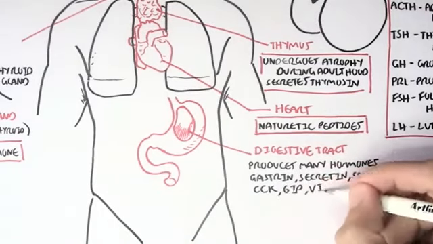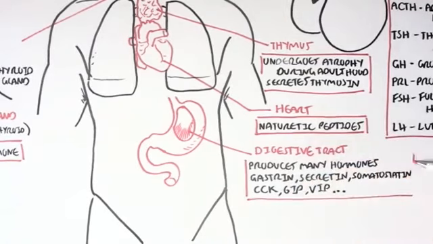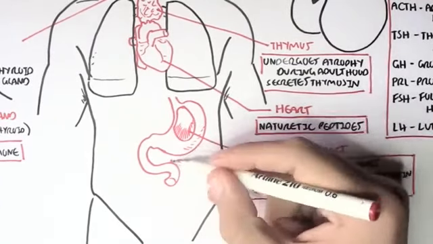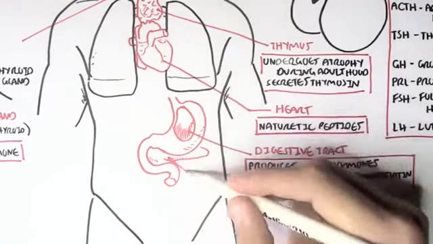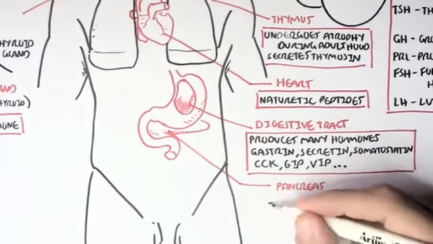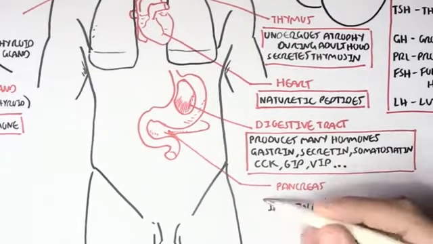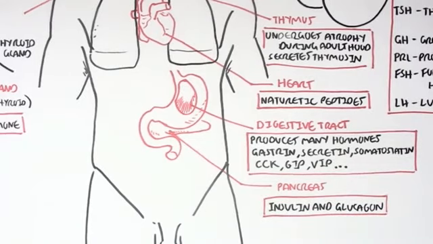Another very important endocrine gland or tissue is the pancreas. And it secretes two main hormones, insulin and glucagon. Now we talked about glucagon in that it increases blood glucose levels. Well, insulin works opposite. It decreases blood glucose levels.